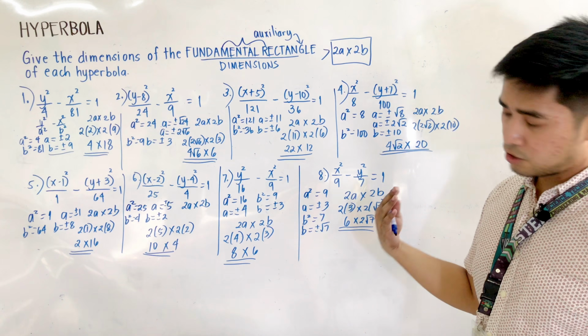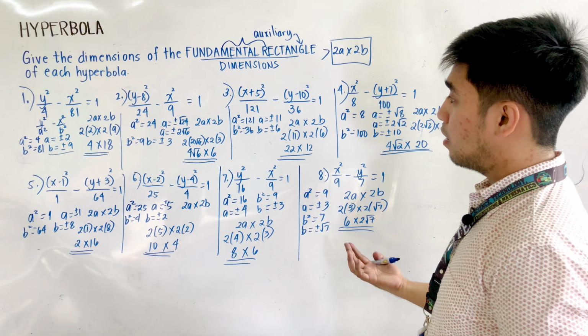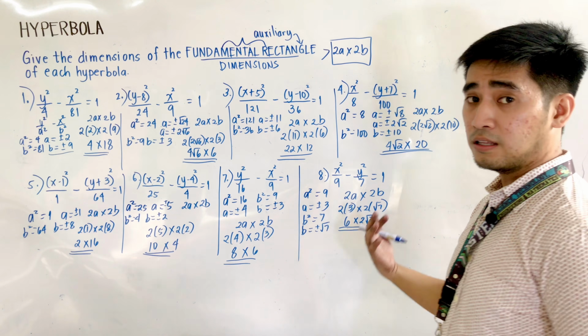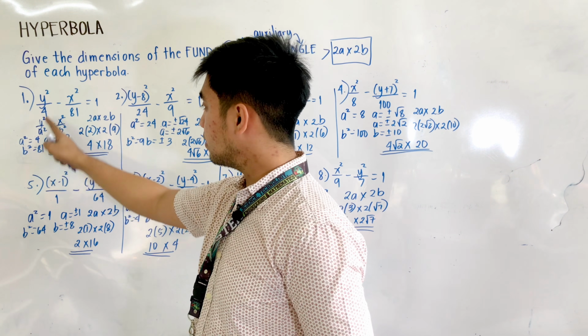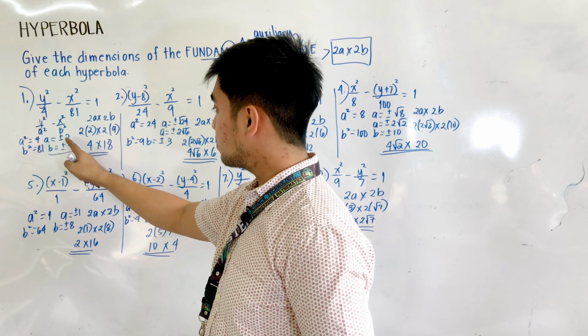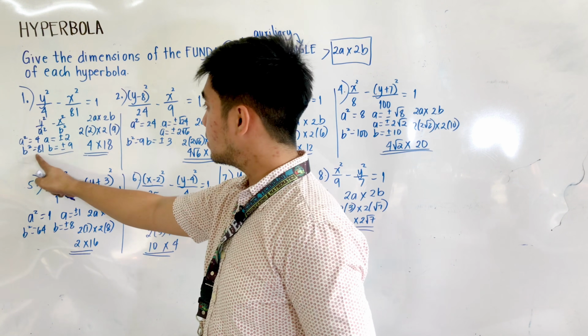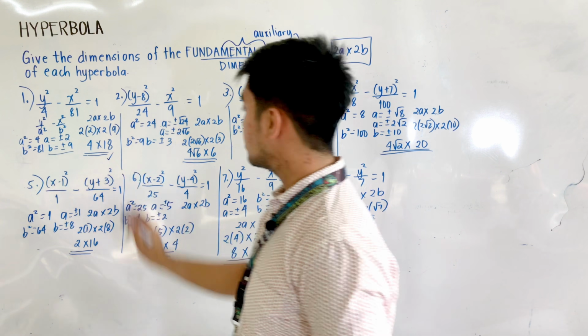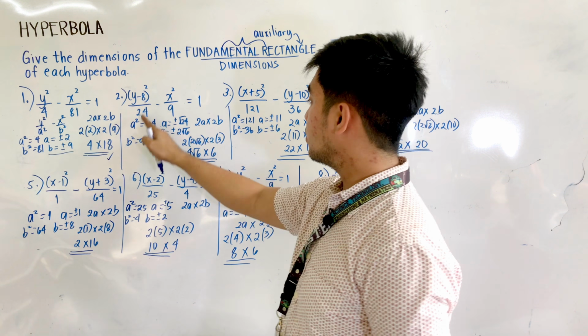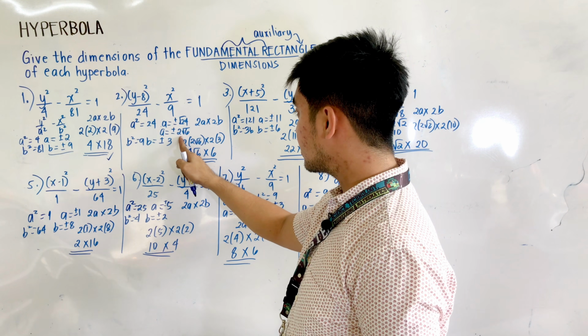Again, let us try to review our answers so that we'll not be having an incorrect answer for this one. a squared is 4, so a is equal to plus minus 2, 2 times 2 is 4. b squared is 81, square root of 81 is 9. 9 times 2 is 18. So this is 4 by 18. For this one, square root of 24 is 2 square root of 6.